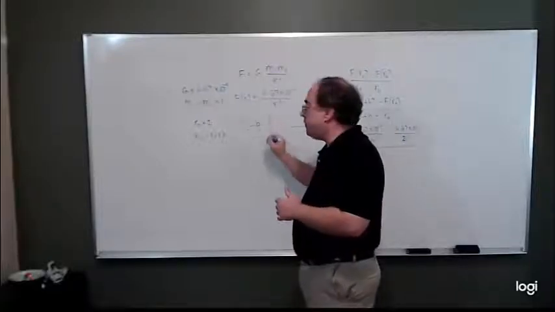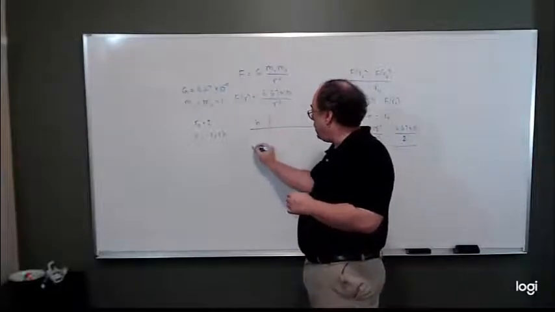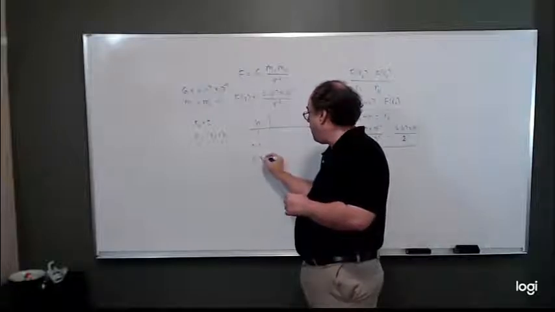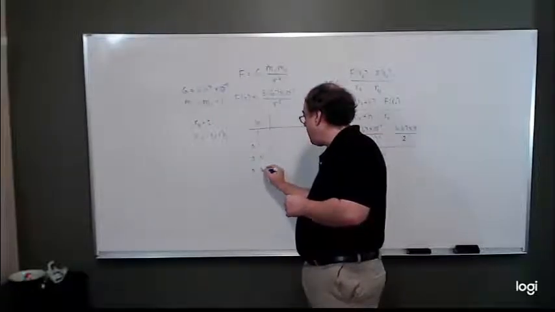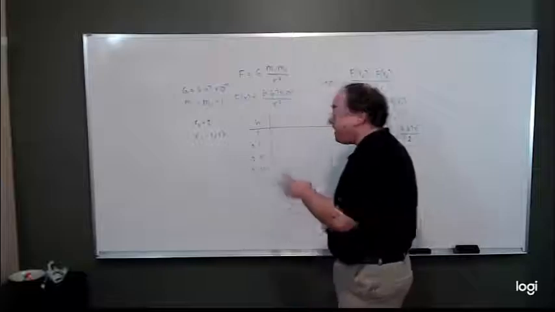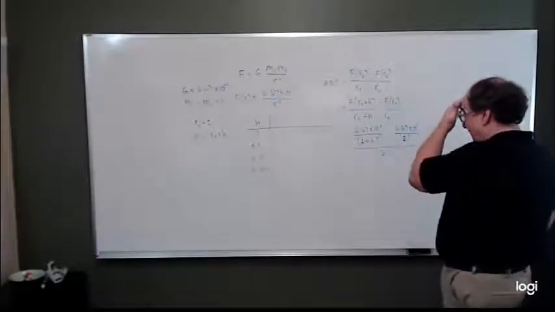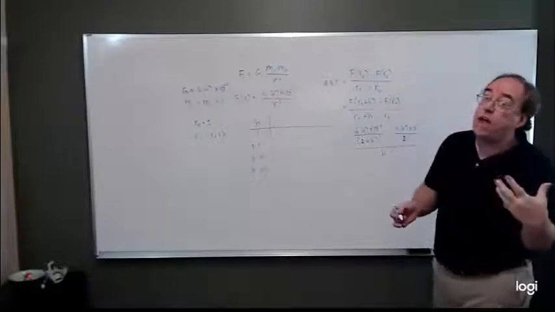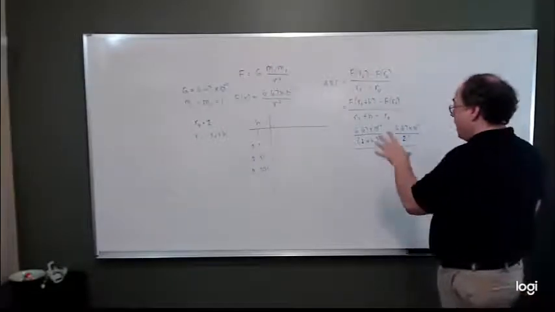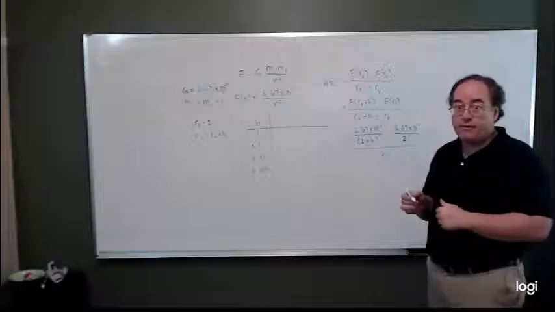Let me put some h values up here: 1, 0.1, 0.01, 0.001. Go ahead and pause for a second and try that out. Do it in Excel if you like. Put those h values in and see what you get.